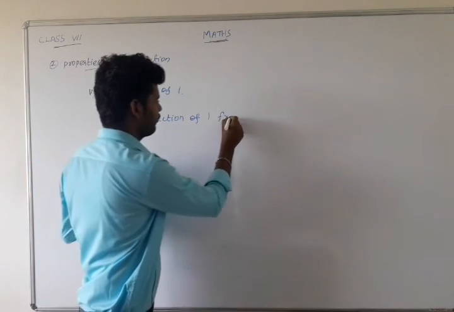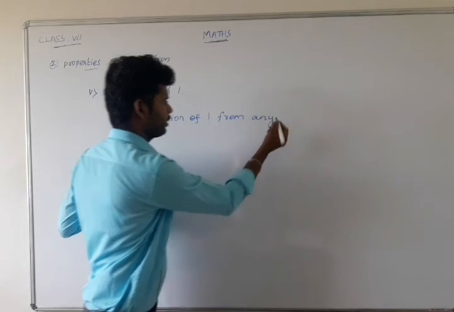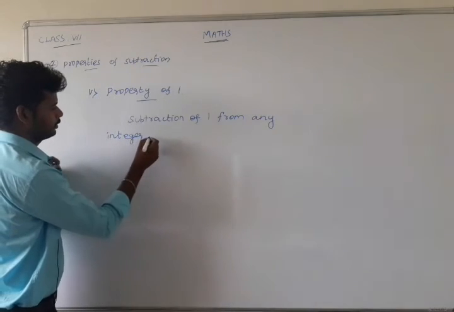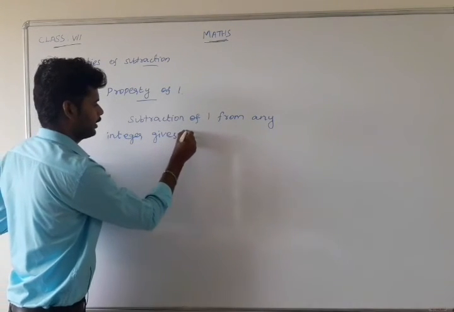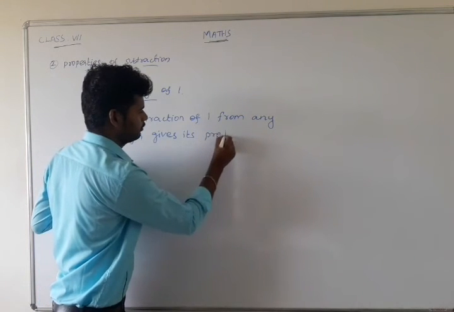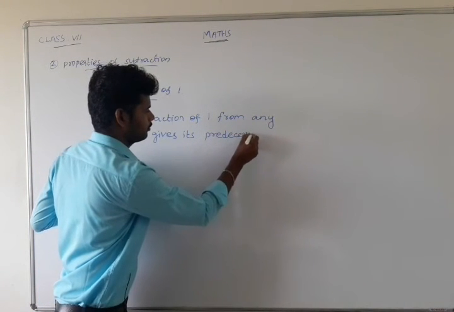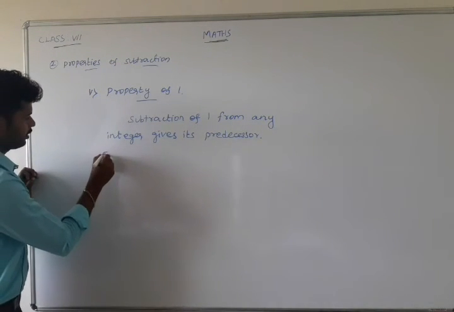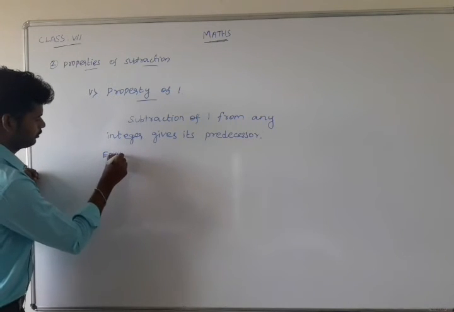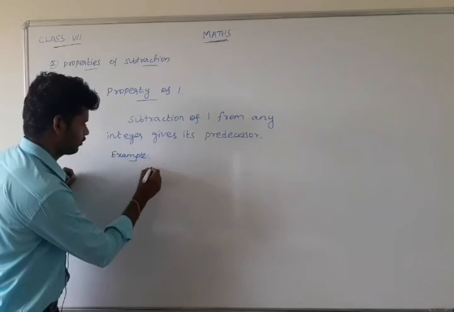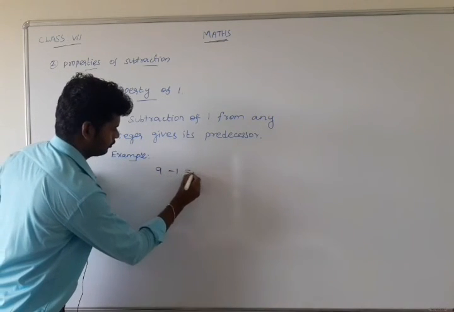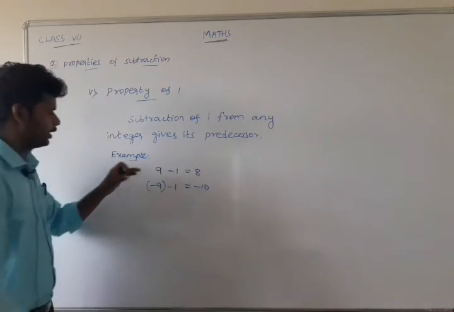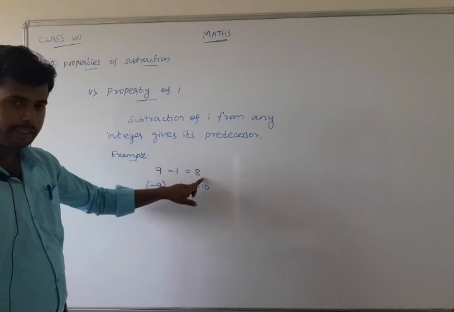Subtraction of 1 from any integer gives its predecessor. Example: 9 minus 1 equal to 8.